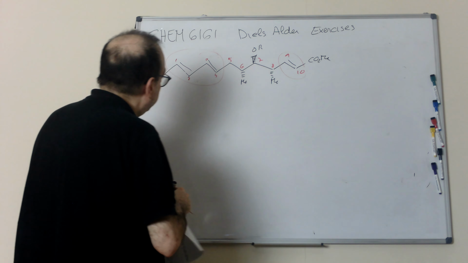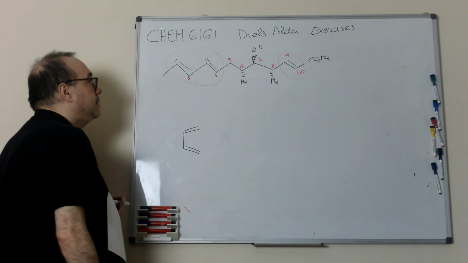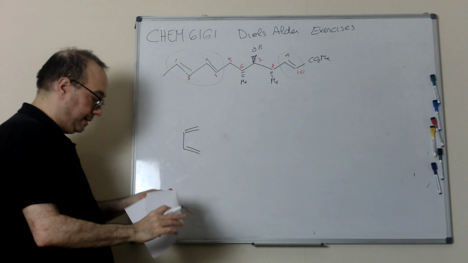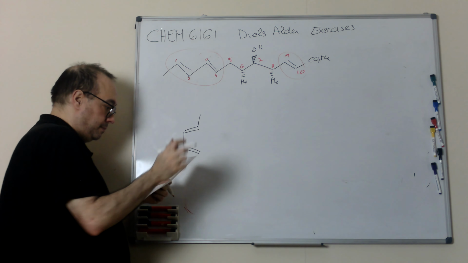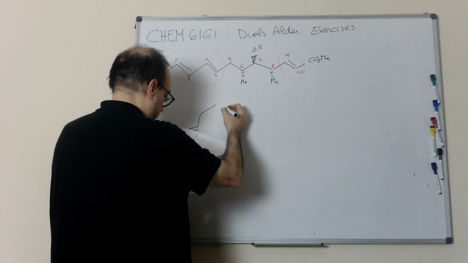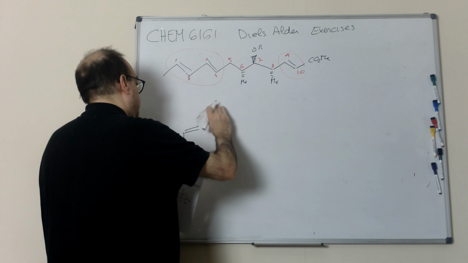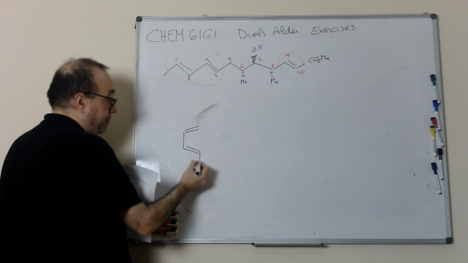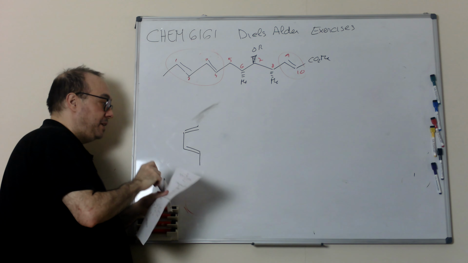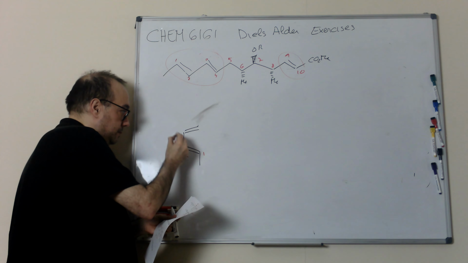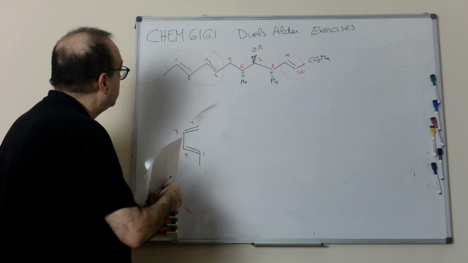What I will draw is first this alkene, and then, okay, I start from here. I remember that I have to put the diene in an s-cis conformation. And then I begin to put the carbons.